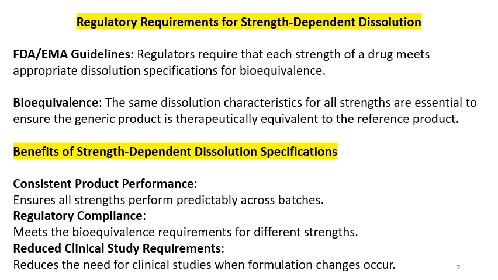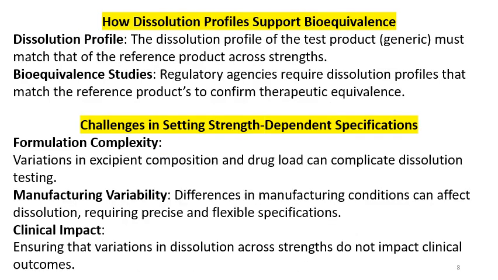Now, what are the benefits of strength dependent dissolution specifications? Consistent product performance: it ensures all strengths perform predictably across batches. Regulatory compliance: meets the bioequivalence requirements for different strengths. Reduced clinical study requirements: reduces the need for clinical studies when formulation changes occur. So it will support you for the SUPAC changes as well.